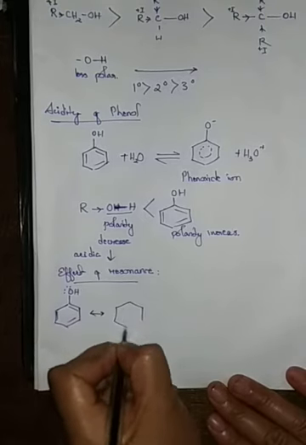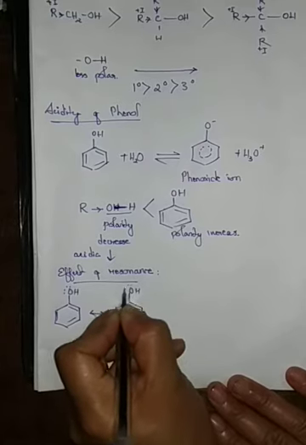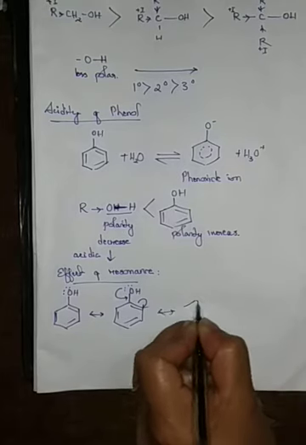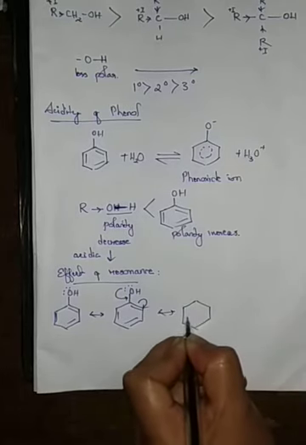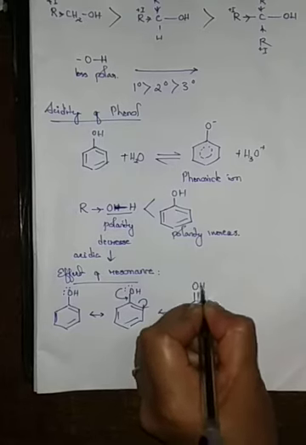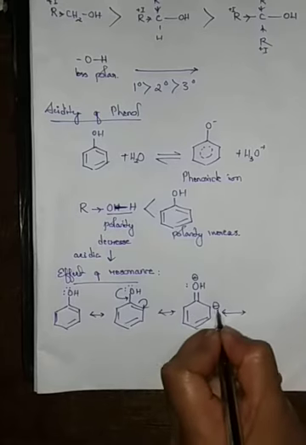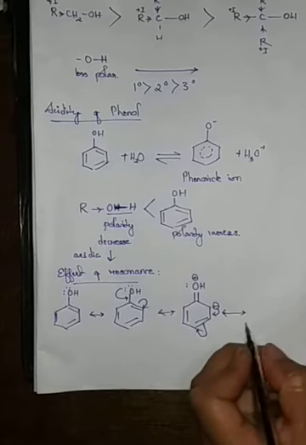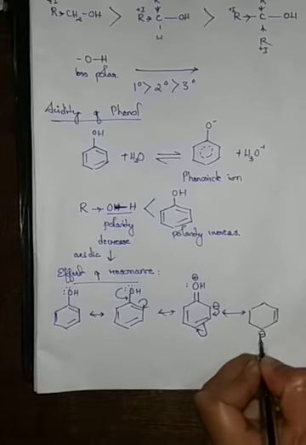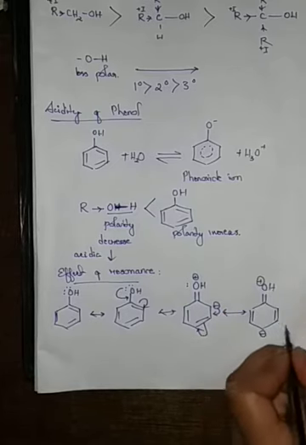Now, in the second one, OH, if this electron comes here, this shifts, then we'll be getting our third resonating structure. The electron density would be here, OH bond here. The oxygen atom acquires a positive charge. Now, if this bonding electron shifts here, then we get electron density here.